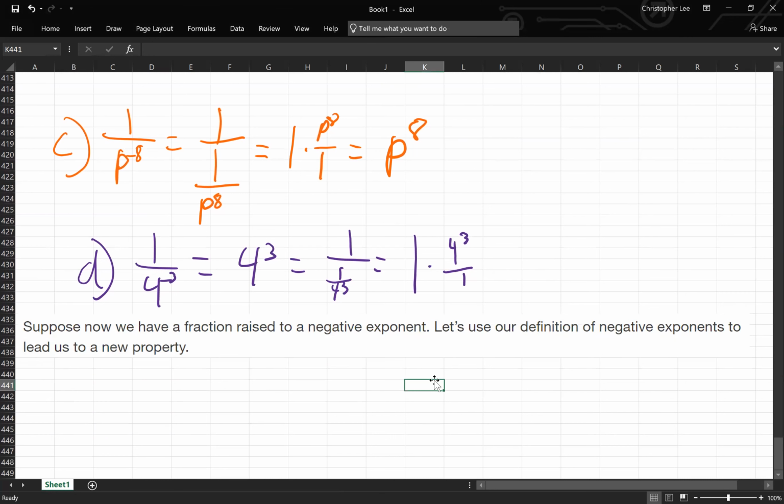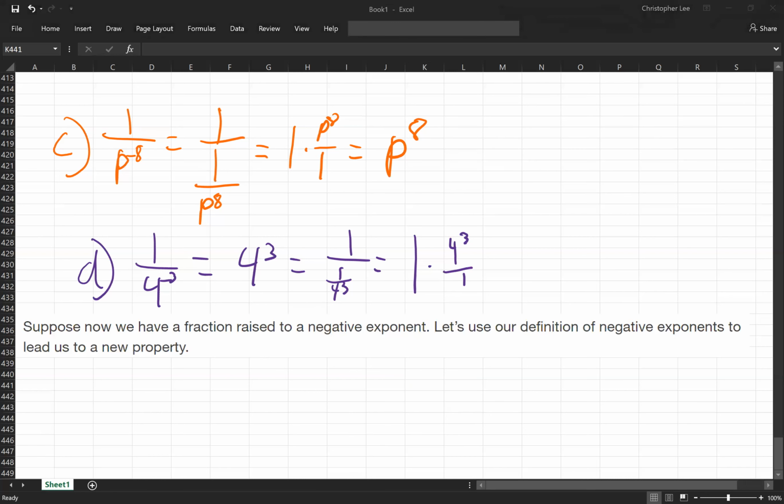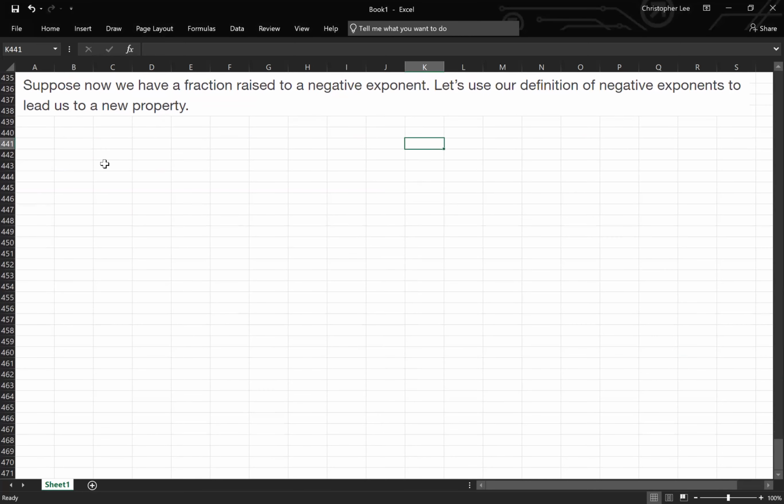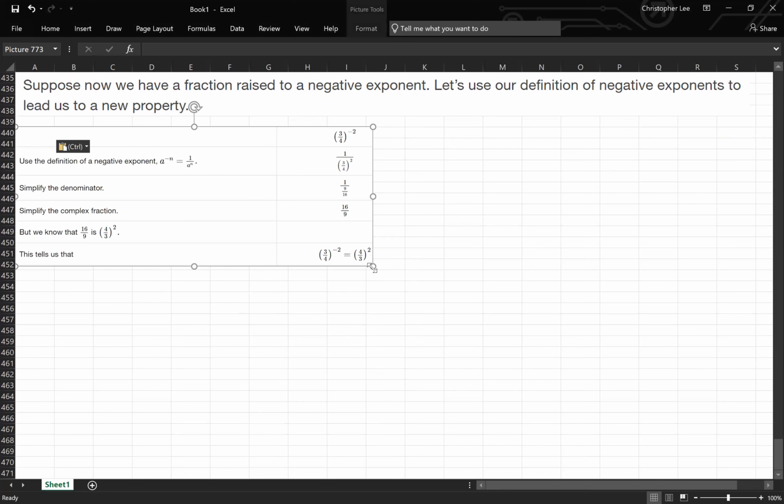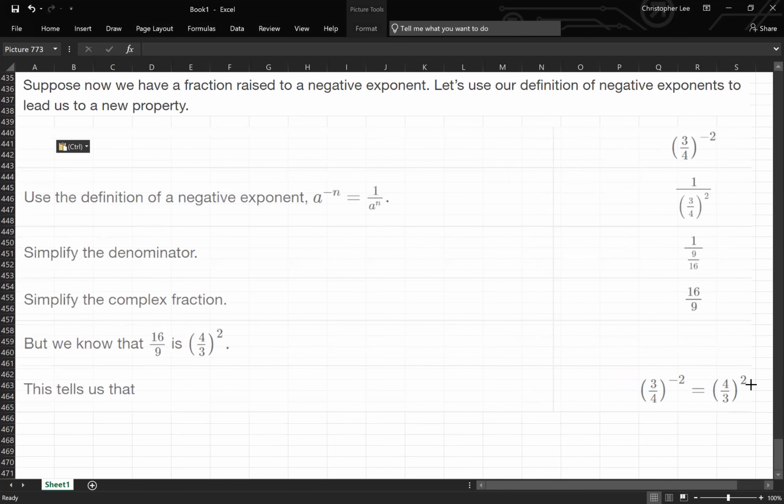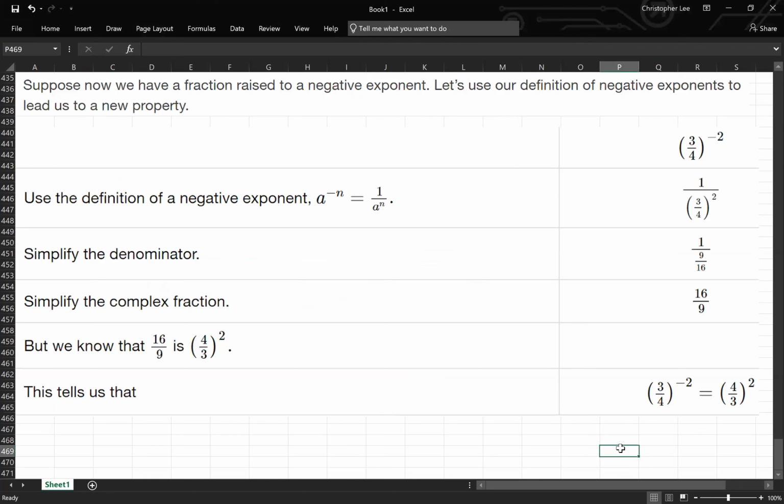Suppose now we have a fraction raised to a negative exponent. Let's use our definition of negative exponents to lead us to a new property. So I have 3 over 4 raised to the negative 2 power.